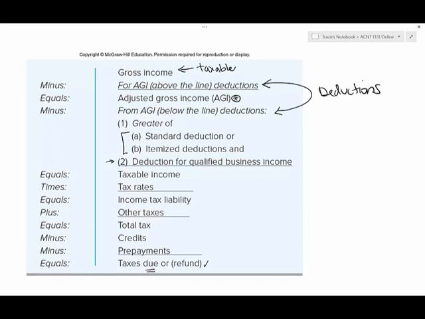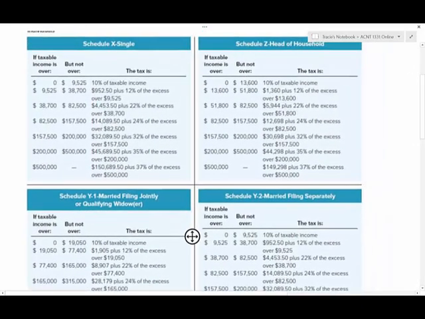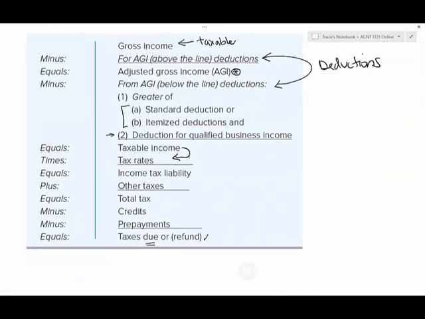With our taxable income, you use the tax rate schedules, which remember we talked about in chapter 1, to calculate your tax. Then after you do that, some taxpayers might have some other taxes. These might include alternative minimum tax and self-employment tax.